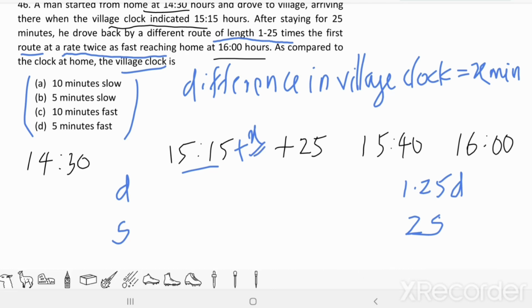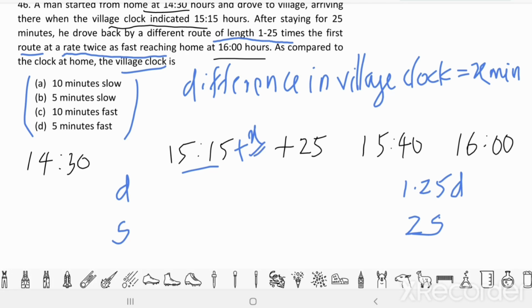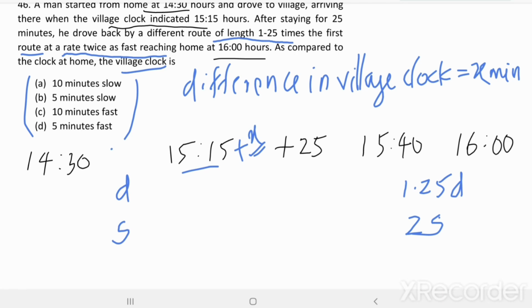Then the time taken by the man to reach the village equals 45 minutes plus x minutes. Then he left the village at 15:40 hours plus x minutes.